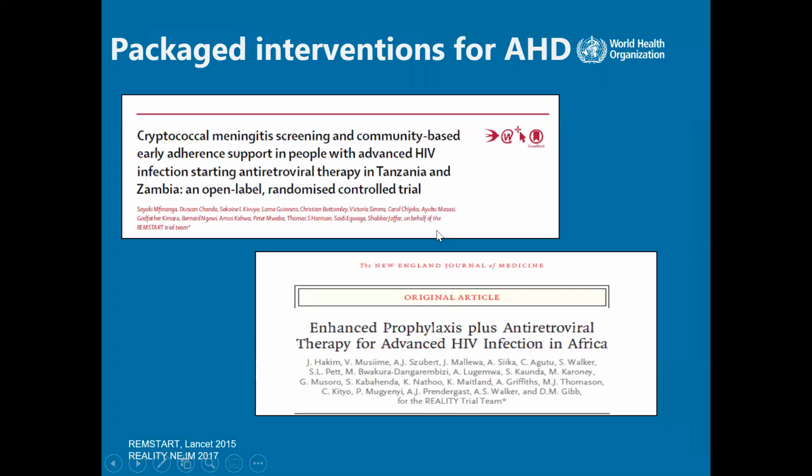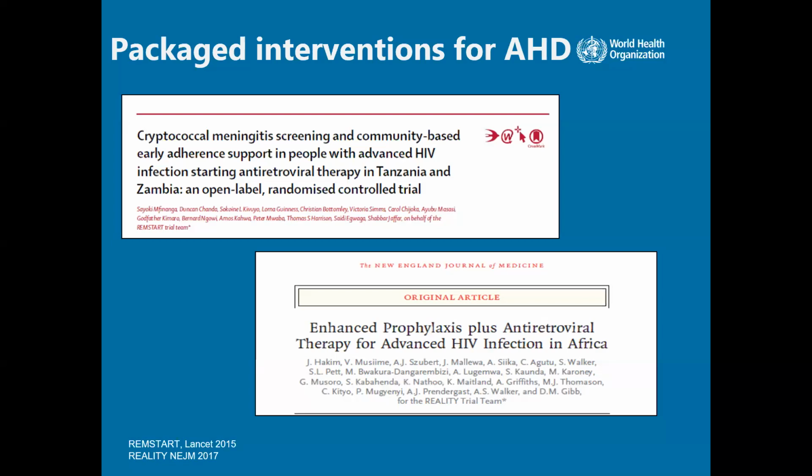Around the same time, in mid-2015 onwards, two large randomized trials were published which informed the package of care that could be provided to people presenting with advanced HIV disease in order to reduce morbidity and mortality. These two trials, REMSTART and REALITY, REMSTART published in 2015 and REALITY published in 2017, were both conducted in sub-Saharan Africa.